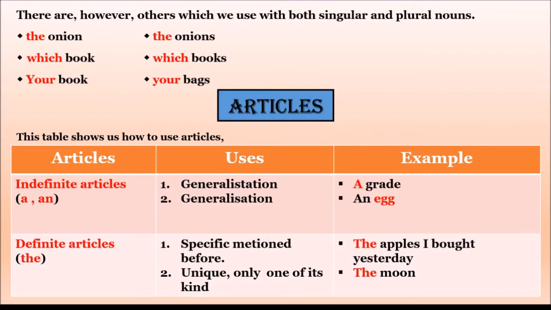So if you want to talk about some nouns, the apples I bought yesterday, if you want to make them remember, you are using the apples I bought yesterday. Do you remember that? We are stressing the word apples here. So at that time, the will be used.